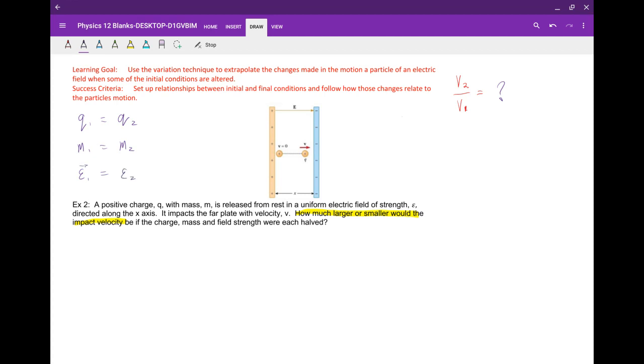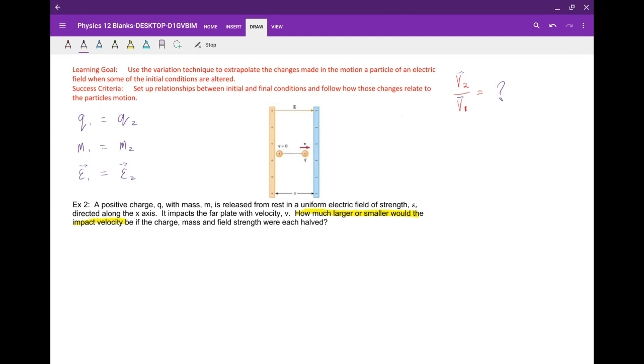These should be vectors as well. I'm probably going to drop some of these vector symbols as I move through here to not clutter up the page.